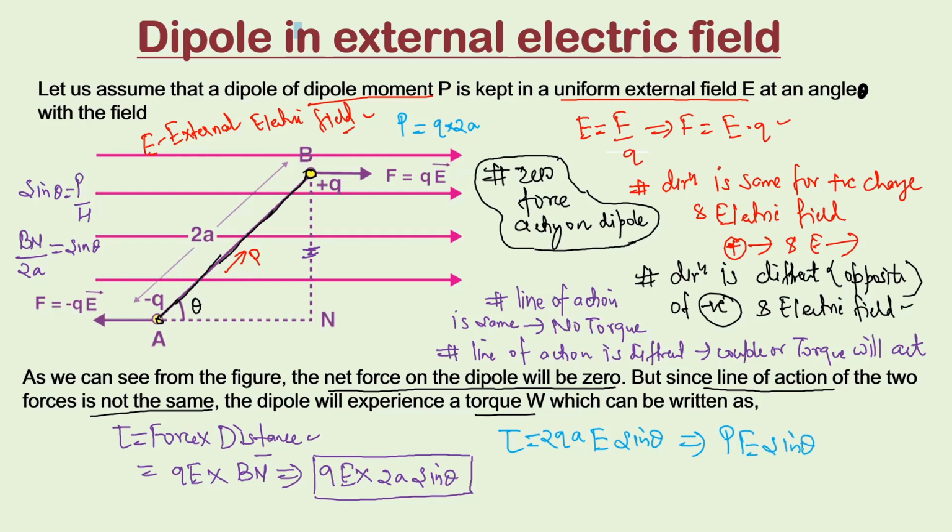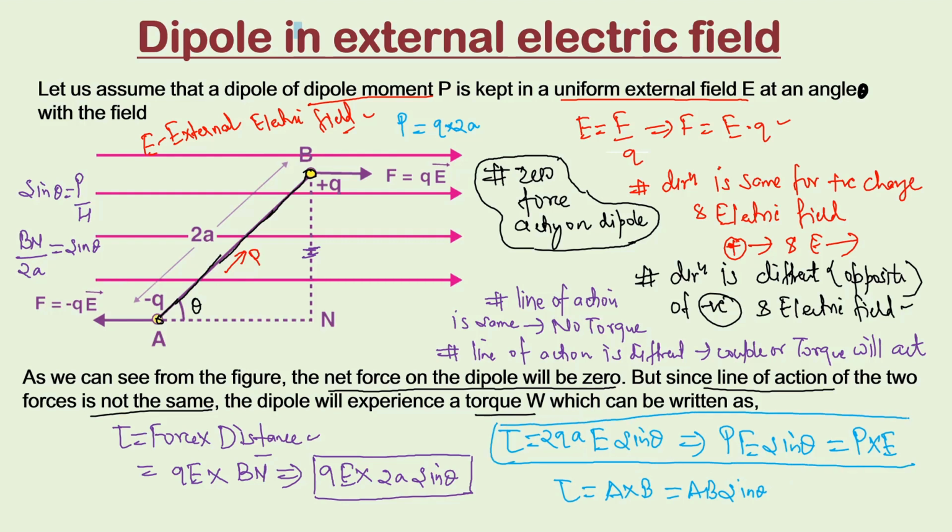By the law of vectors, we know that A cross B is equal to AB sin theta. So we can conclude that it is written like P cross E. So this is the net torque acting on a dipole in external electric field. From the given expression, we have obtained the magnitude of the torque.